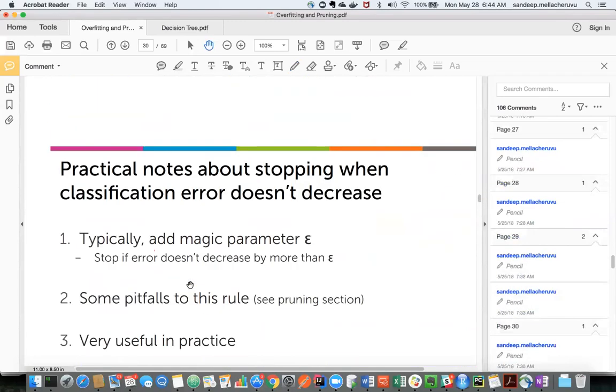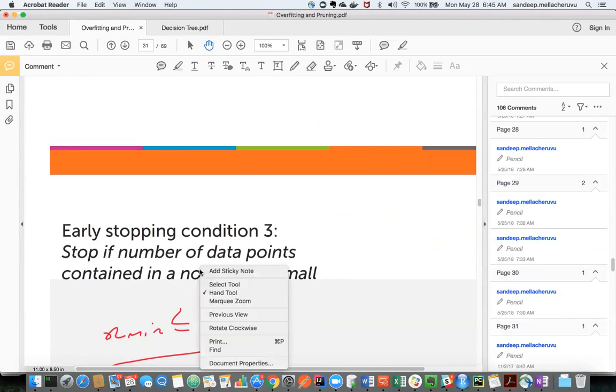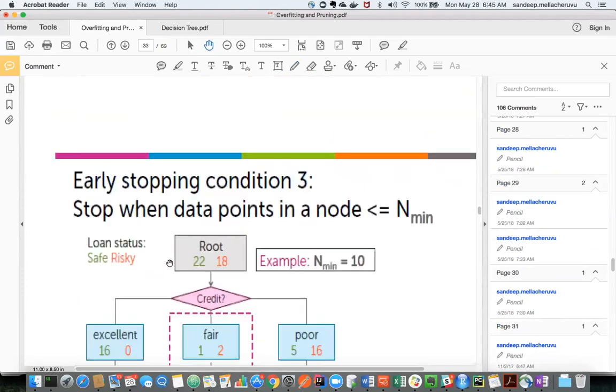And finally, you can say, if the node in which I want to split the branches again has too small a number of data points, let's say less than 10 points or less than 50 points, you define the criteria. If it has fewer than that number of points, stop building the tree. So that's how we can use any of these early stopping criteria.